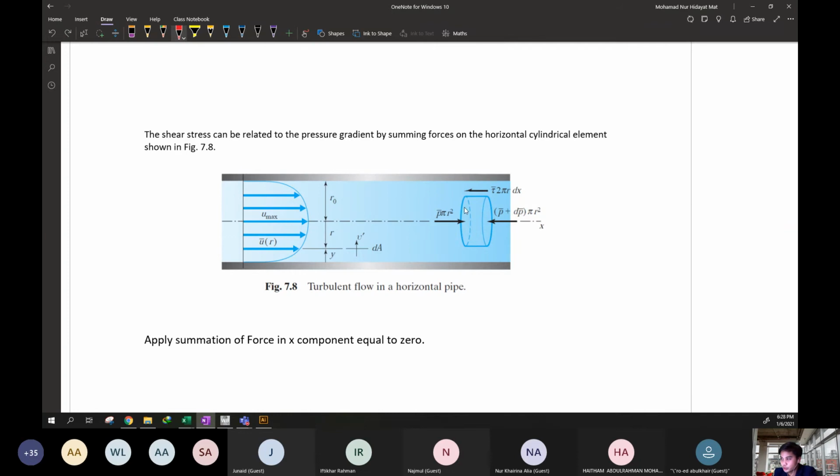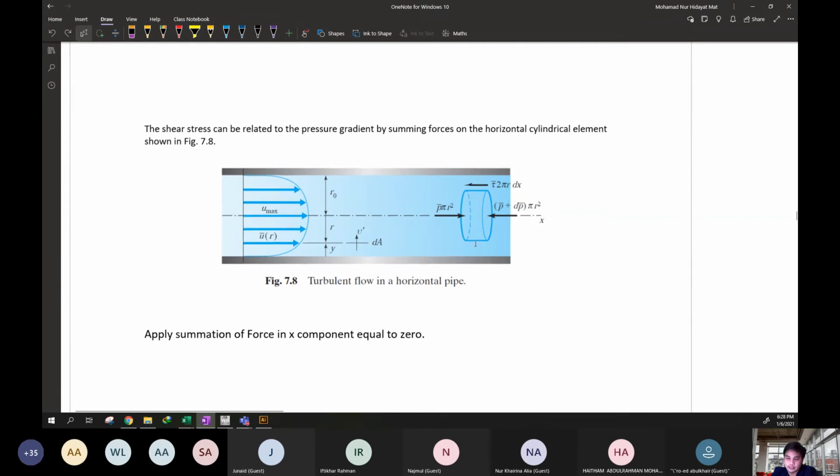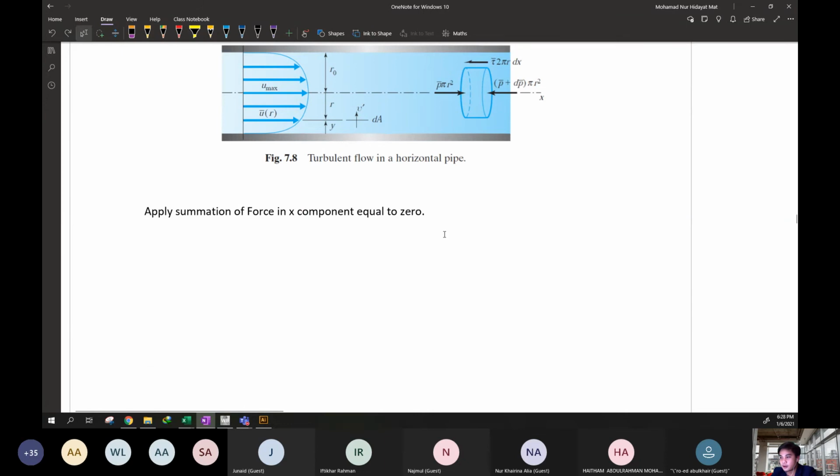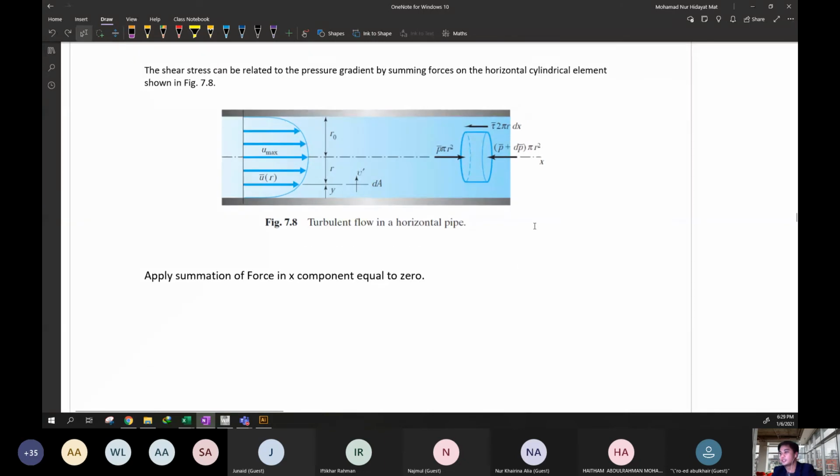For this case we also use the elemental approach, but we neglect the inclination angle. So this is for the turbulent flow. Apply the summation of force in the x direction equal to 0, because the velocity profile is constant and there is no acceleration.